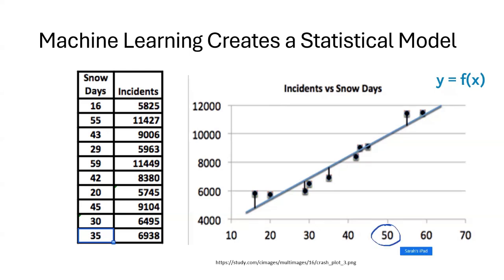sorry, on the x-axis, there are going to be 50 bad weather days. Say, okay, if I have 50 bad weather days and I use this line, this trend here, then I should be able to figure out how many road incidents I should prepare for. So I just go up, up, up, until I get to where it hits the line.